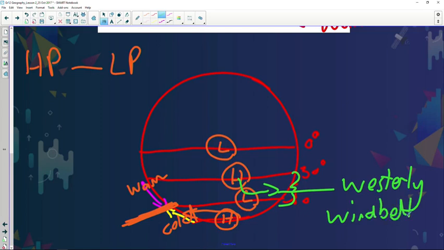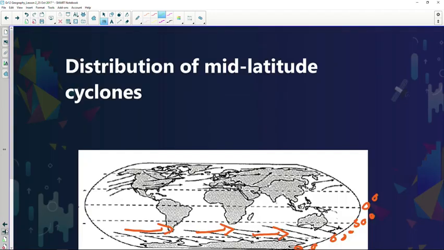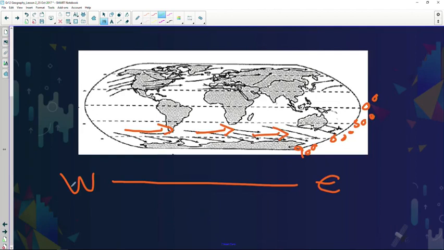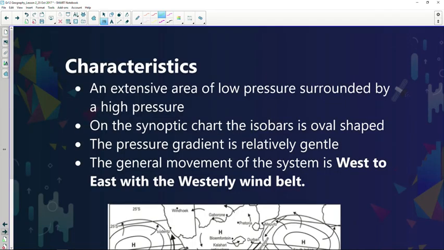Now, as you can see on the diagram over here, the system moves from west all the way to east. So the name is basically a giveaway. Mid-latitudes, between 40 and 60 degrees latitude, north and south of the equator. And obviously, very importantly, we call it a cyclone because it's a low pressure, it's rising air.